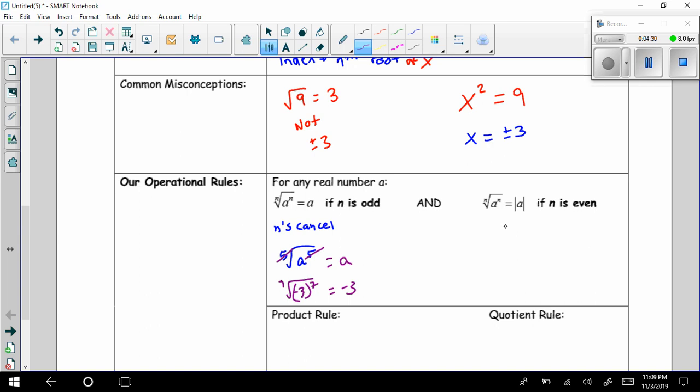If n is an even number, though, so the square root, the fourth root, the sixth root, it's always positive.